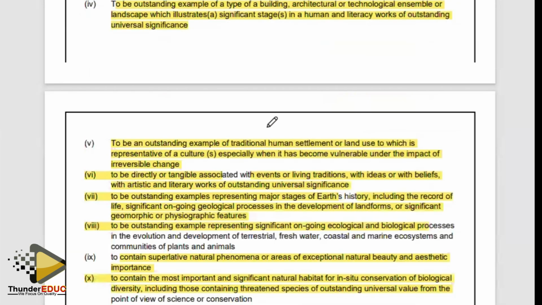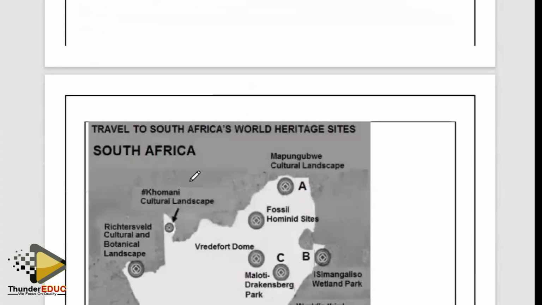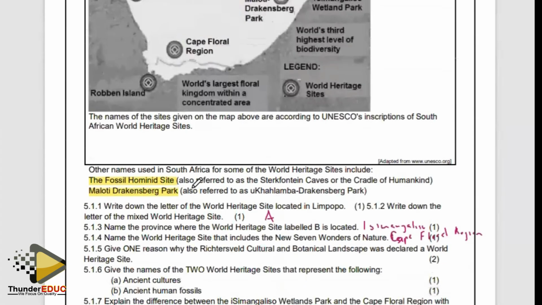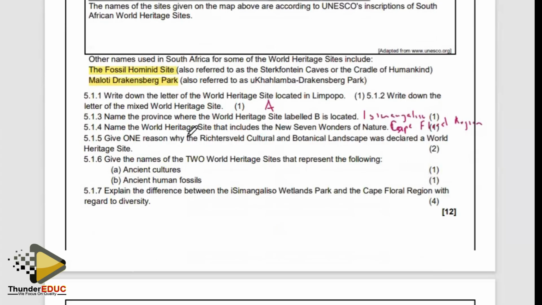When you go to criteria 5 and 4: to be an outstanding example of a type of building, architectural or technological ensemble which illustrates significant stages in human history, or an outstanding example of a traditional human settlement or land use, which is done by the Khoisan, by the San people.